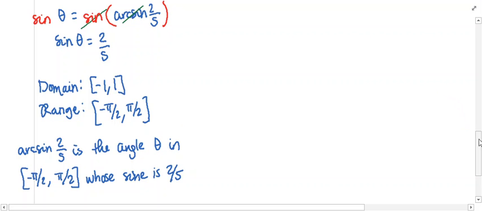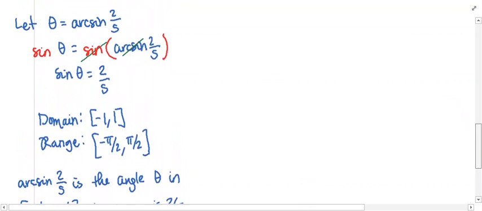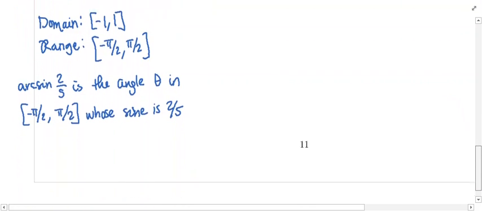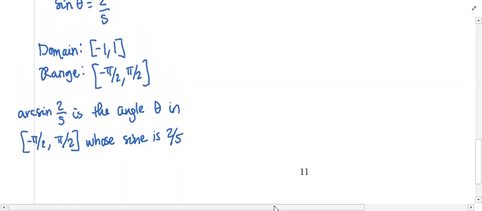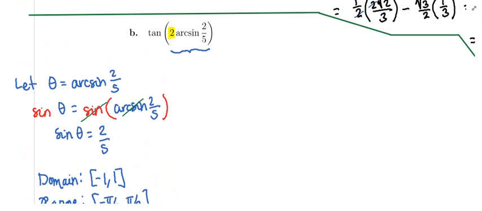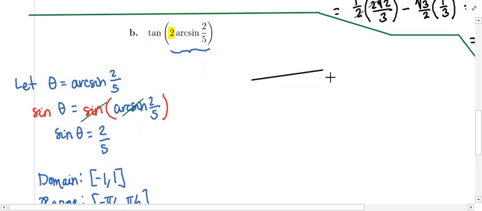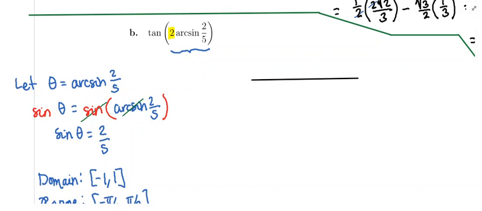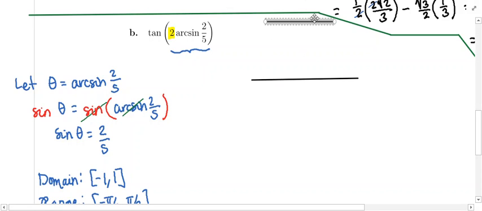At this point, you're going to want to draw a right triangle for it. I guess I will do it up here. We're going to draw our x-axis and our y-axis, and we need to leave some room in quadrants 1 and 4.